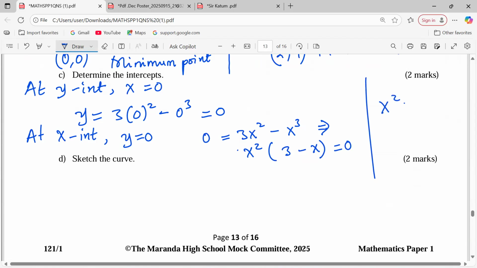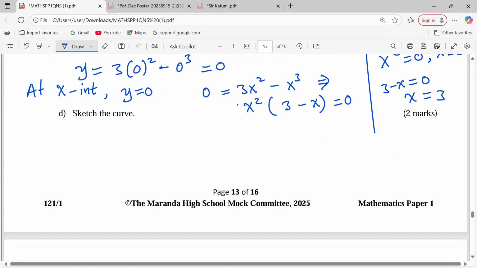So x squared equals 0, meaning x is 0, and 3 minus x equals 0, meaning x equals 3. So the x-intercepts are 3 and 0.